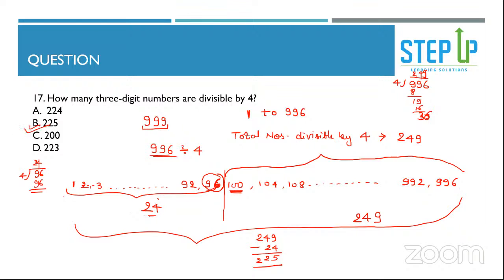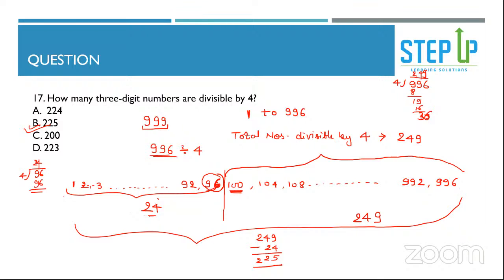Again, if I have to do it orally, I'll directly go with 996 divided by 4. Even if 249 is a problem, I know when I divide 100 by 4, I get 25. So when 1000 is divided by 4, it will be 250. But I need to see before 1000, and before 1000 is 996.